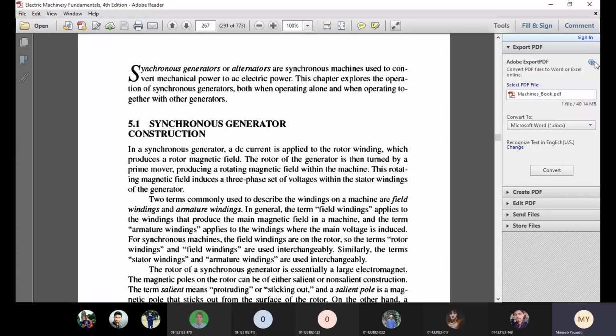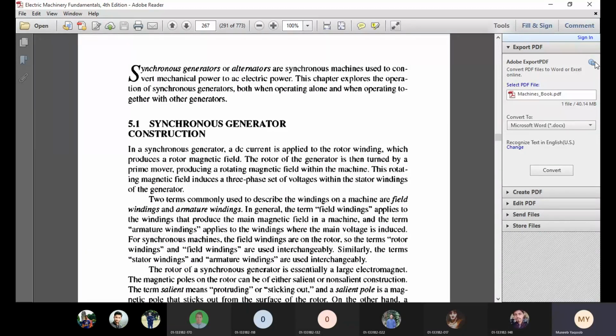So when the turbine rotates, the generator shaft rotates, and hence the fixed magnetic field that was established due to a separate DC source becomes a rotational magnetic field. And we know that whenever there is a rotational magnetic field, it will induce a three-phase set of voltages that are equal in magnitude and differ by a 120-degree phase angle.